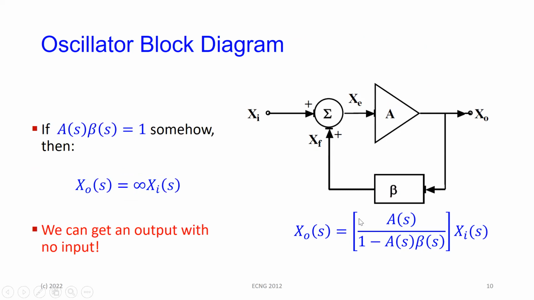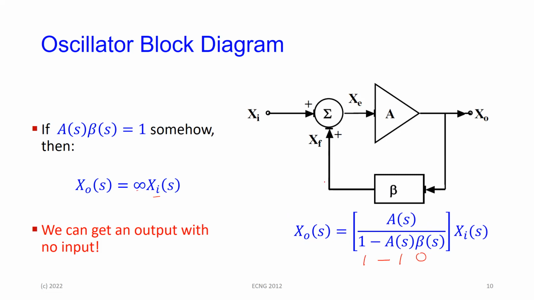All right. Now look at something. If I somehow were able to make A times beta equal to 1, what I'm going to have here is 1 minus 1. In other words, I'm going to have a 0 in the denominator. If that is the case, A over 0, anything over 0, is going to make Xo equal to an infinite number times Xin.